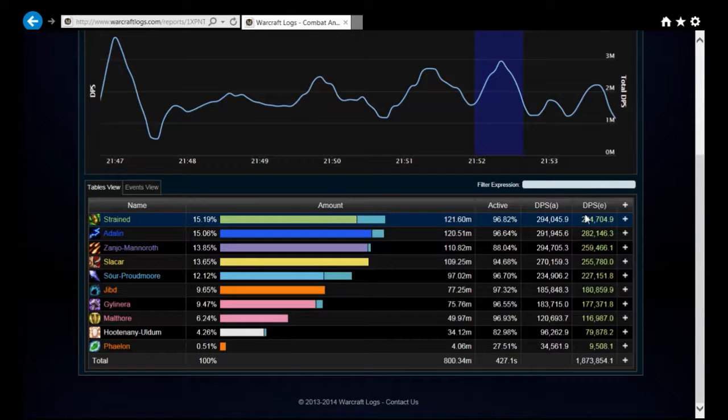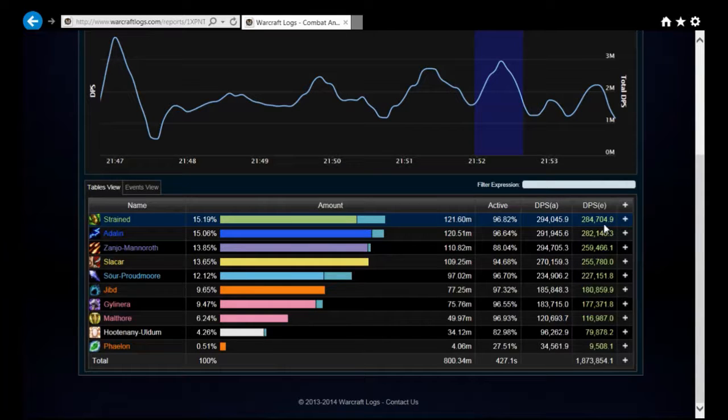To explain what that is from a raid leader's perspective, if I have somebody that does a million burst on the pool and then dies, their DPS may show up as a million, but their active time may show up as 1%, and their effective DPS, the damage that they do over the duration of the fight, would be lower.